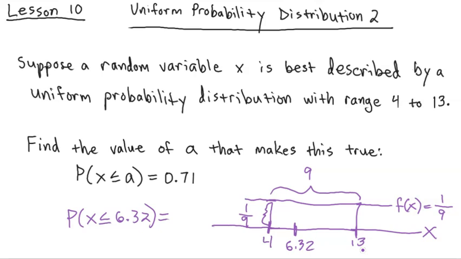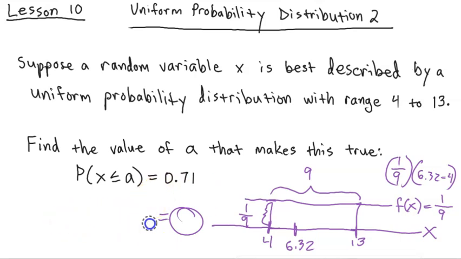We took the height, 1 over 9, and multiplied it by the width, which was 6.32 minus 4. We did that in a calculator and got a number less than 1, and that was our answer. That's what we did in the last set of lessons.